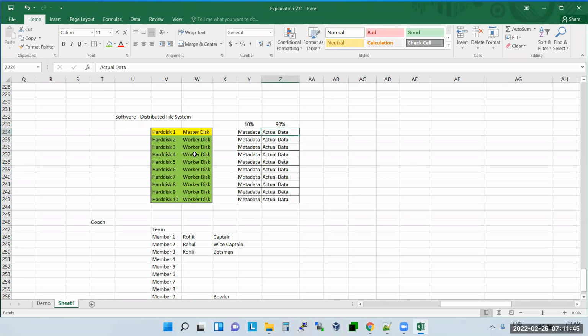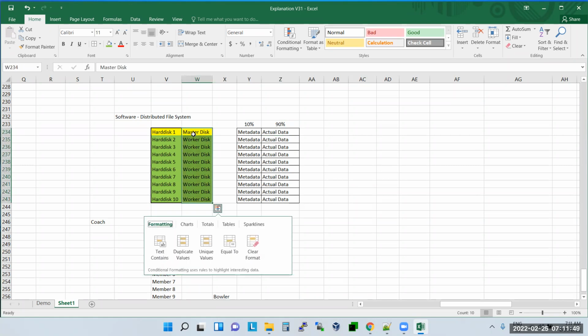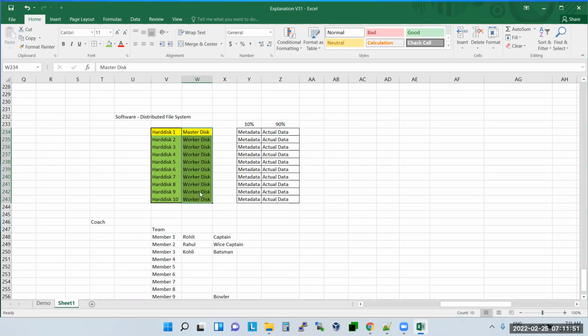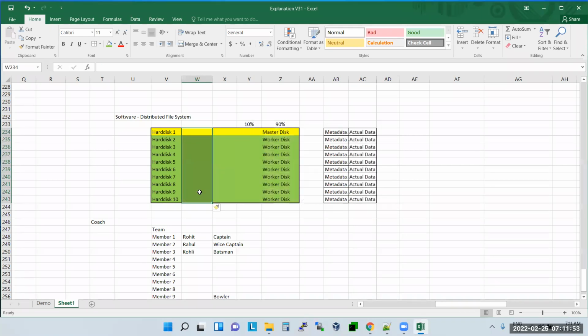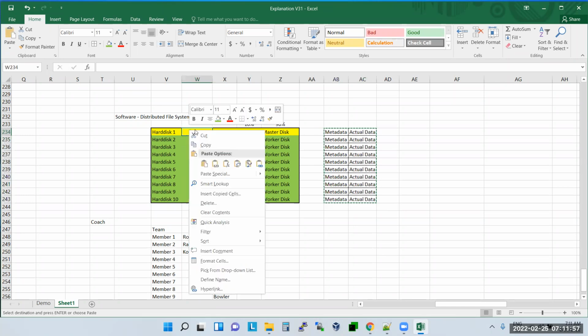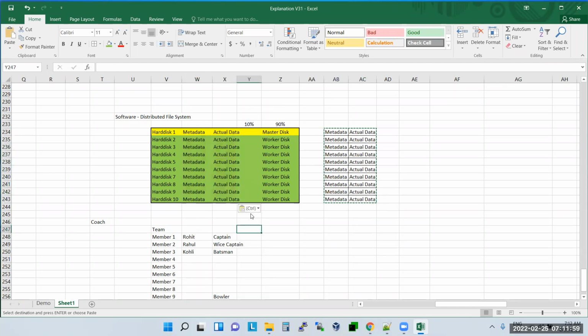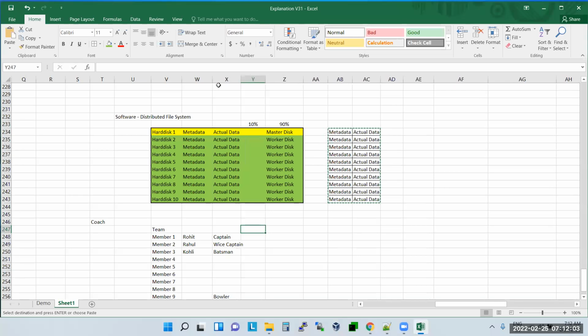Each hard disk will have a metadata area and an actual data area.